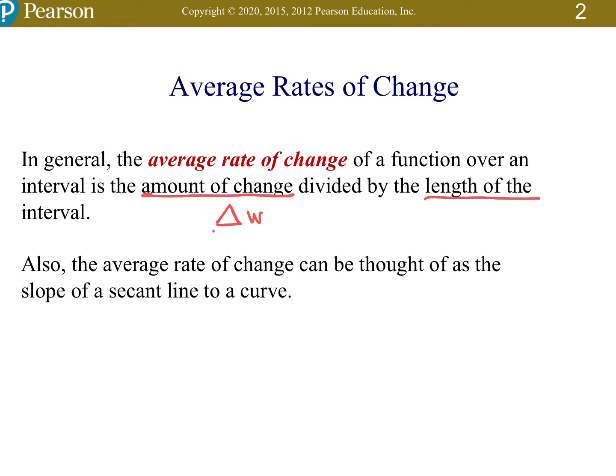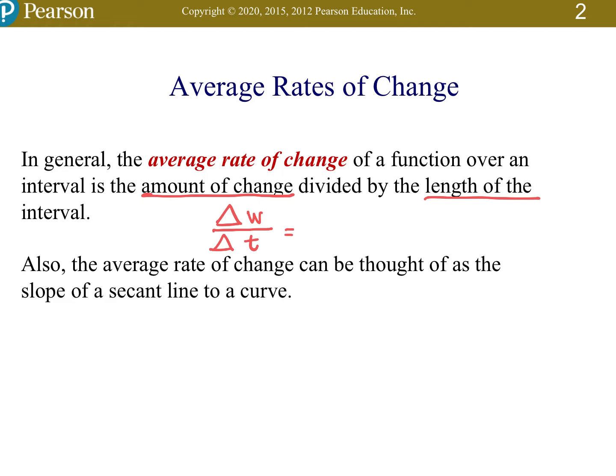Now, if we're talking about over the amount of time, so divided by, okay, what do you think the denominator is? Delta T. Okay, very good, very common for it to look like that. Delta W or delta whatever over delta T.